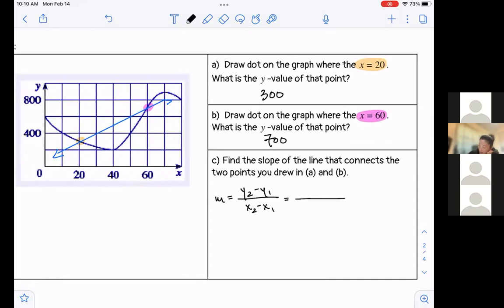What values should we have on the top? Great, I agree, 700 minus 300. And the numbers we have on the bottom?